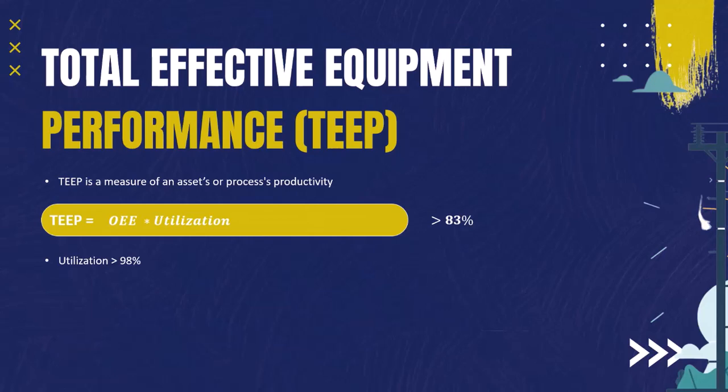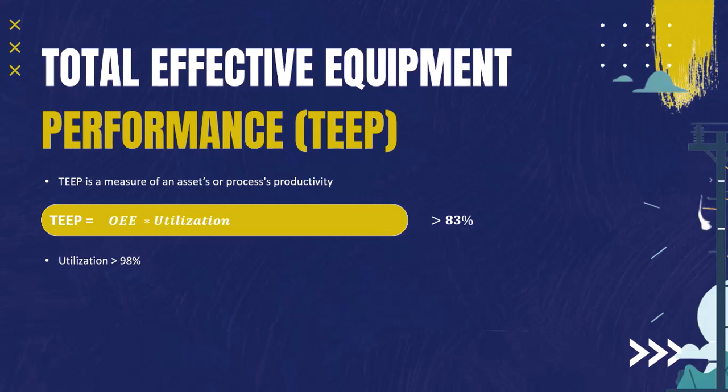Once we calculate the overall equipment effectiveness, we will be able to calculate another measure, which is the total effective equipment performance, which is also called TEEP. And TEEP is a result of the OEE multiplied by utilization. And the utilization is the time I choose to use the system, which means how many hours per day and how many days per year I choose to operate.